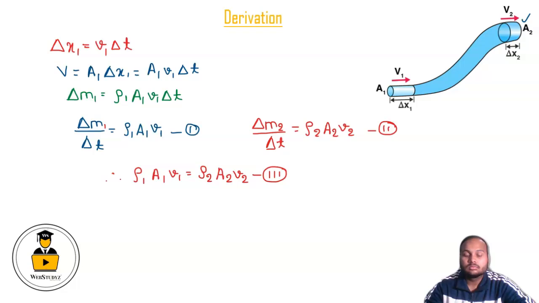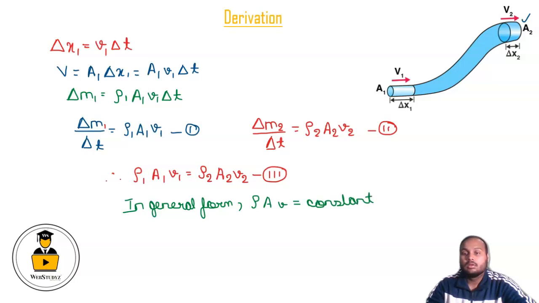So this is our equation 3, and now this can be written in general form as rho into a into v is equal to constant. So the equation proves the law of conservation of mass in fluid dynamics.